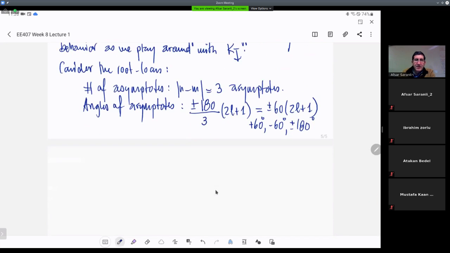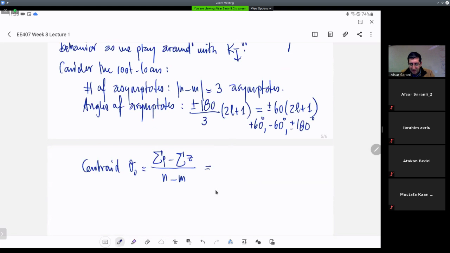Then we have the intersection of the asymptotes, which is our centroid. Remember, the centroid formula is the summation of all the poles minus the summation of all the zeros, divided by the number of poles minus the number of zeros.